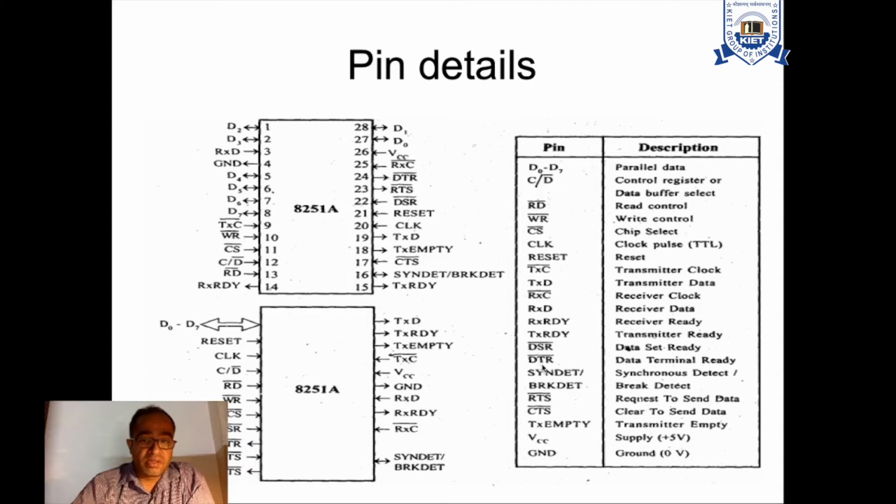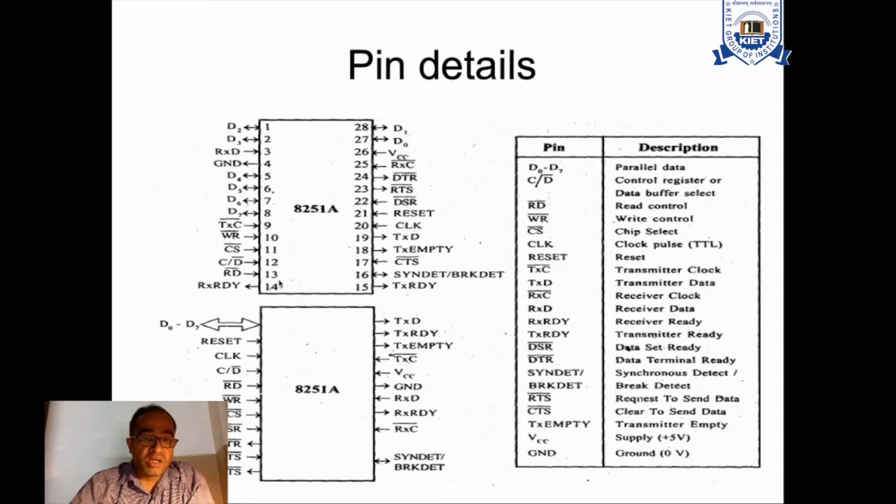DTR bar is data terminal ready. Sync detect is synchronous detect. BRK is break detect. RTS bar is request to send data. CTS bar is clear to send data. TXE is transmitter empty. This is VCC and this is ground.